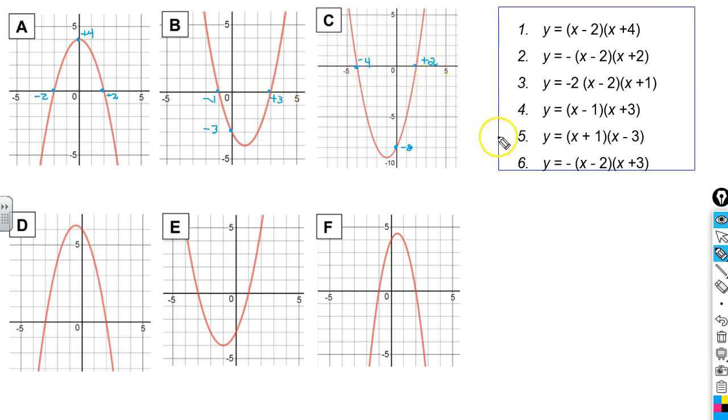If we look for values that are similar in our equations, we can see that with the negative 4 and the positive 2, we have the opposite values here in equation 1. And the negative 2 and positive 2, well, we have those exact ones here.